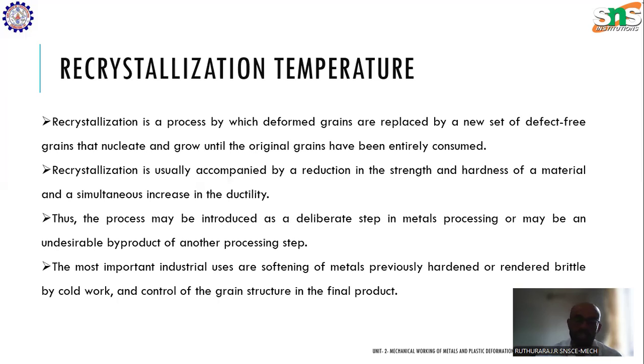That's the reason we heat the metal. If you heat the metal to the recrystallization temperature and work the metal, that process is called the hot working process. That's a major difference between hot working and cold working.